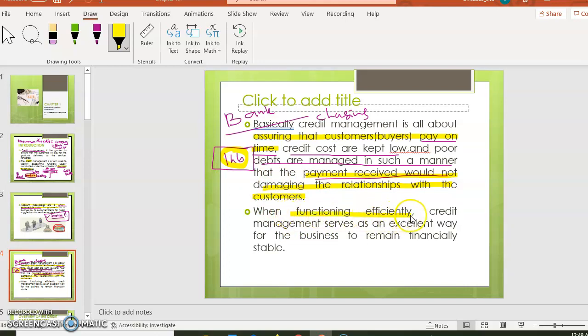Jadi apabila functioning efficiently, credit management akan serve an excellent way for the business to remain financially stable. So ini sangat bagus lah kalau sesuatu bank ataupun pihak company tu mampu kawal dia punya credit management, dia akan berkembang lebih pesat lah. Macam contoh saya bagi dalam kelas kan, contoh Ion Credit Services.